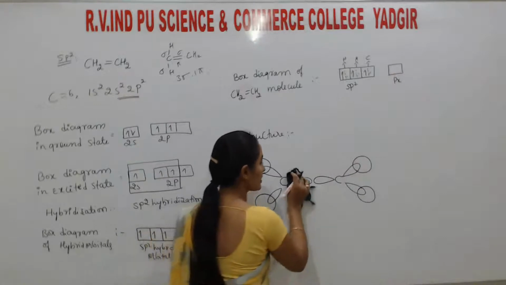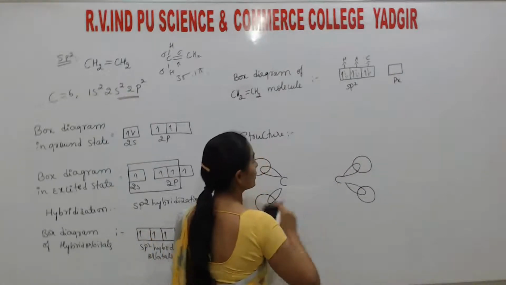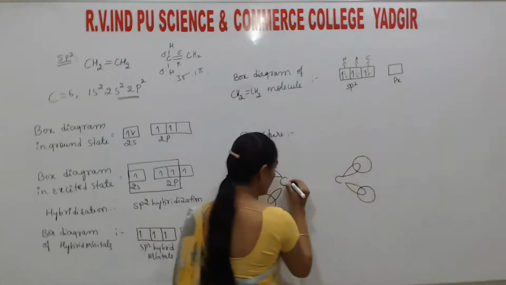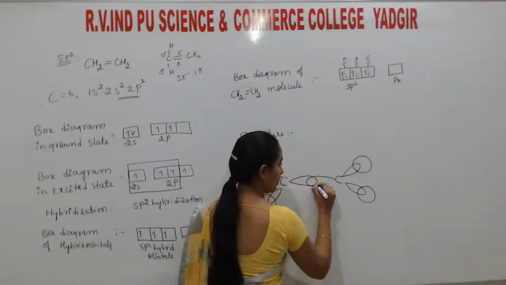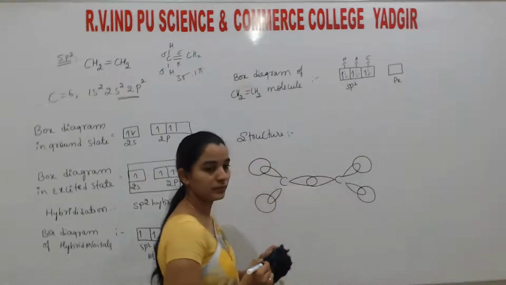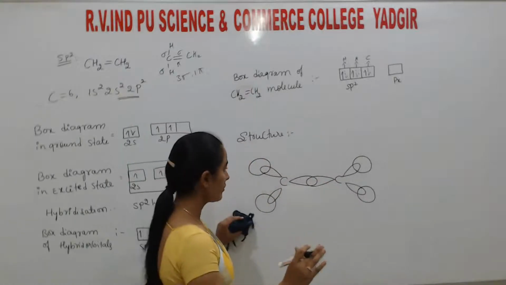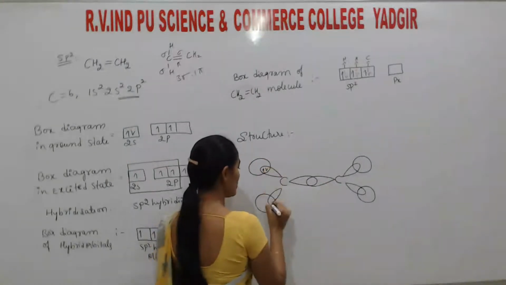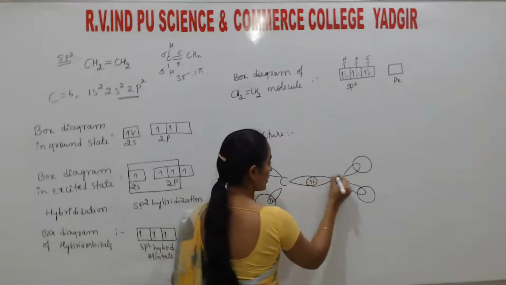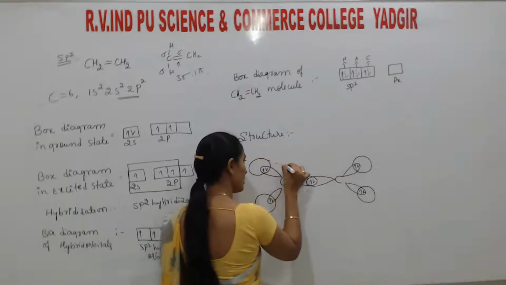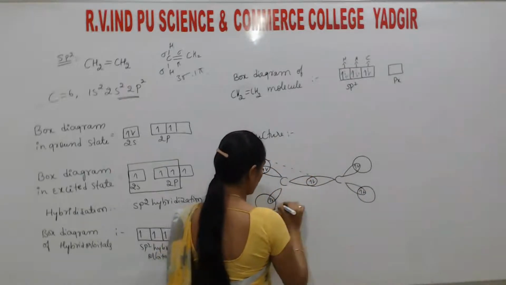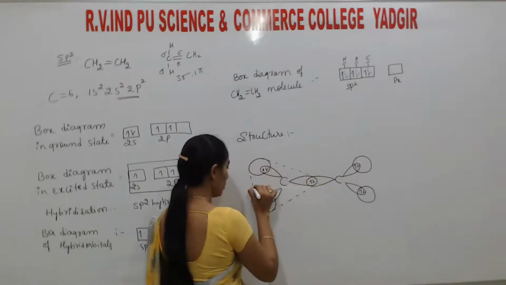The other one is bonded with the carbon. Means hybrid orbitals are finished. Listen, 2 electrons, 2 electrons, 2 electrons. If you write the structure, that is trigonal planar only.